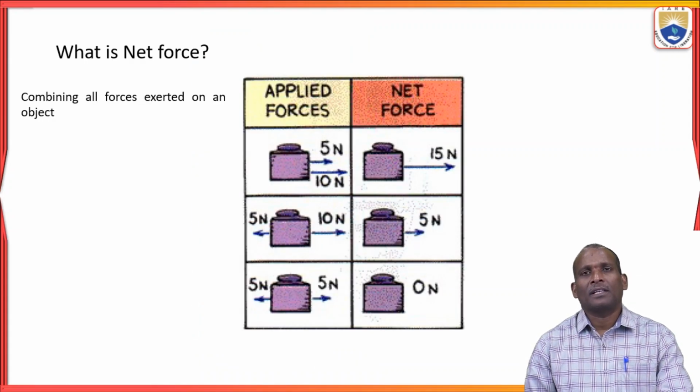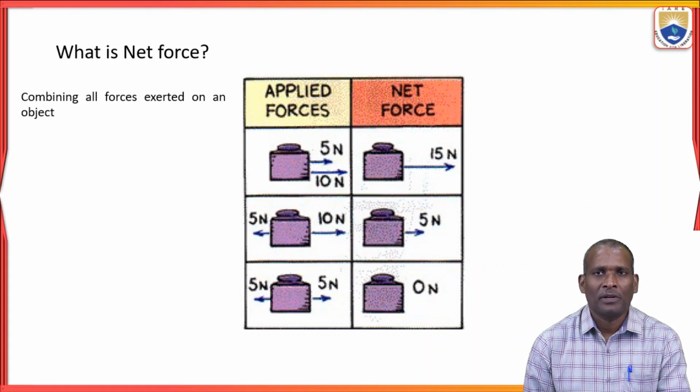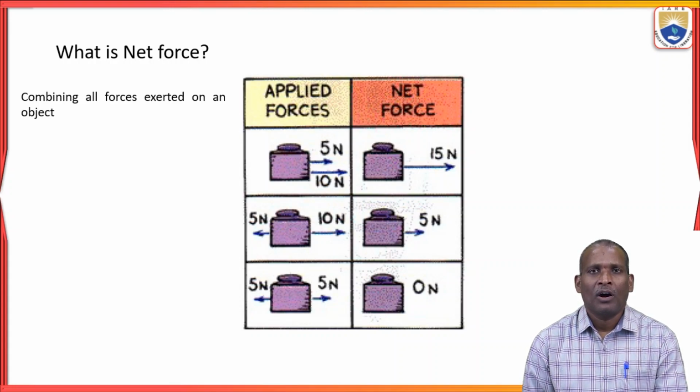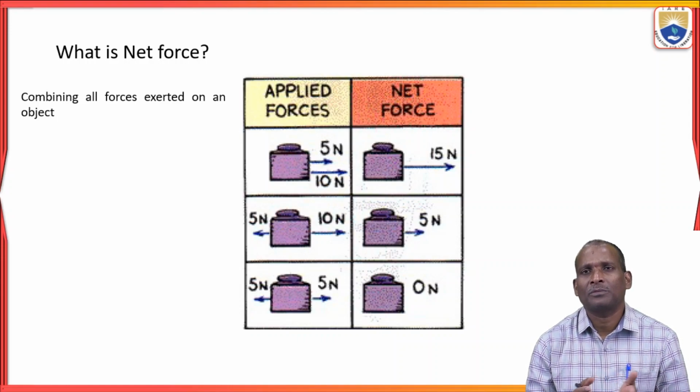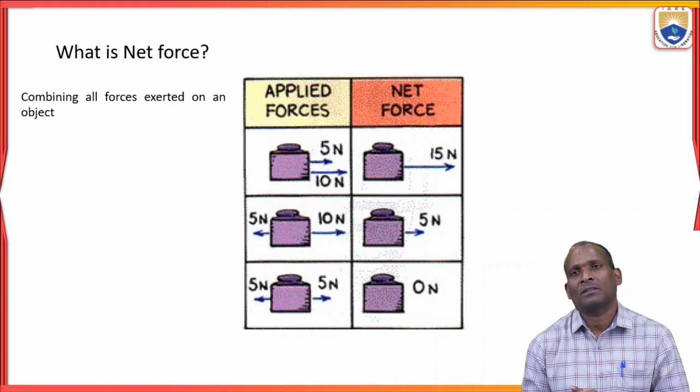Now, how to calculate the net force? What are the applied forces and how to calculate? The net force is nothing but the combination of all forces exerted on an object. The net force is the algebraic sum of all the forces acting on that body.